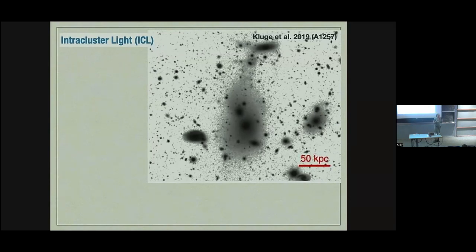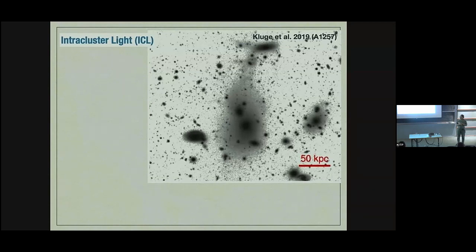Something to keep in mind is that the data reduction for the imaging is really difficult, and it's really important to do really careful flat fielding. If you delve into some of the earlier work, keep in mind that there are some popular images out there that show a lot of structure that's actually not real structure. But that aside, we still think that examining the ICL is a great way to figure out how the cluster itself built up. Sort of parallel a little bit with the streams.